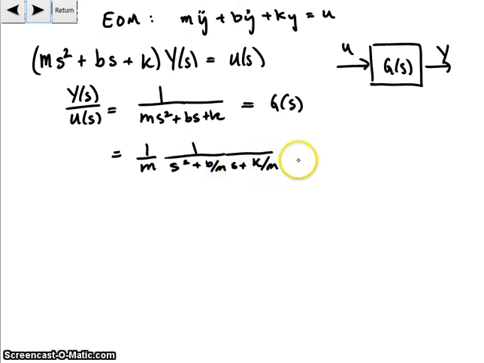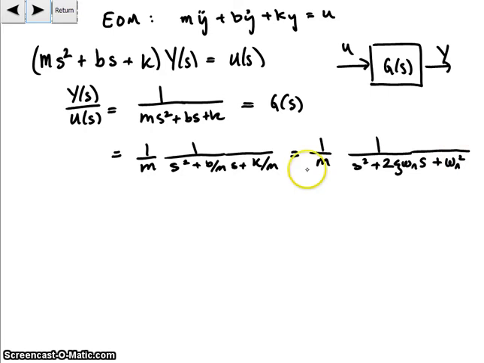And when I do that, I can write this as 1 over m times 1 over s squared plus 2 zeta omega n s plus omega n squared. So we have the standard version: omega n squared is k over m, and 2 zeta omega n is equal to b over m. So this is written in the standard form. This is g of s.